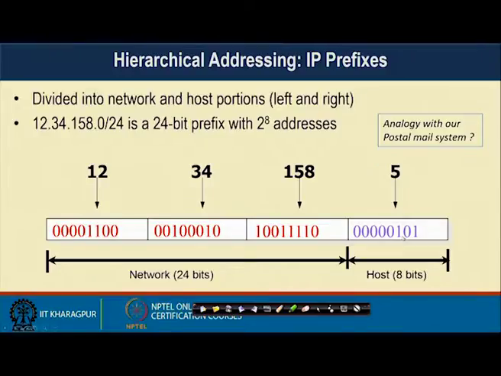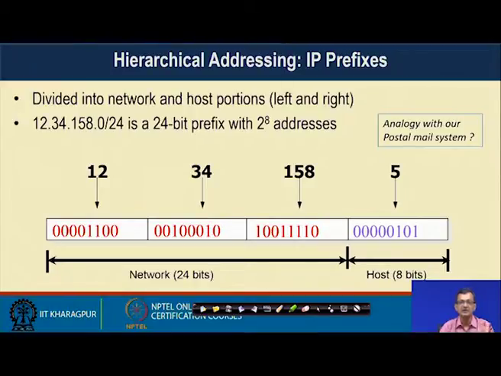And you already know that there is a net mask, which allows me to mask it. A net mask is also a 32 bit number, or 32 bit address, which is a series of 1s followed by a series of 0s.